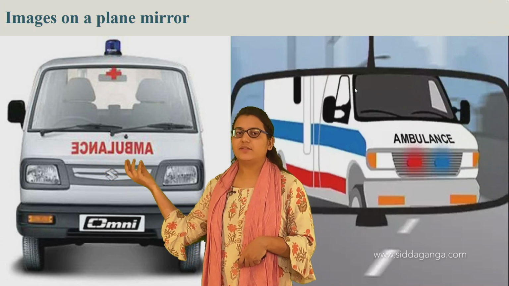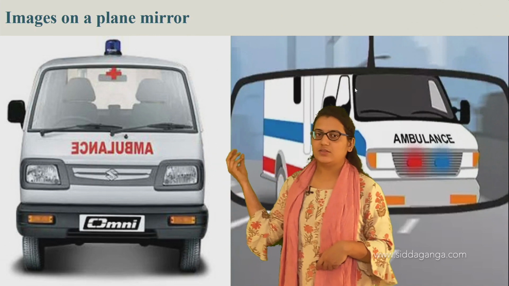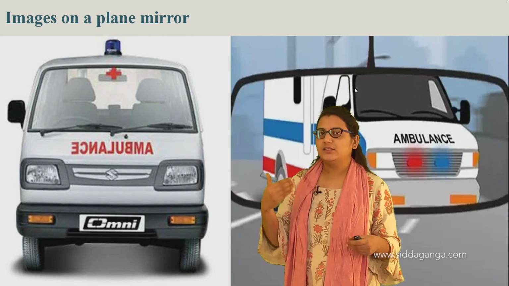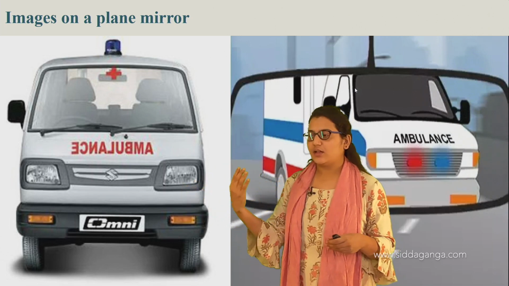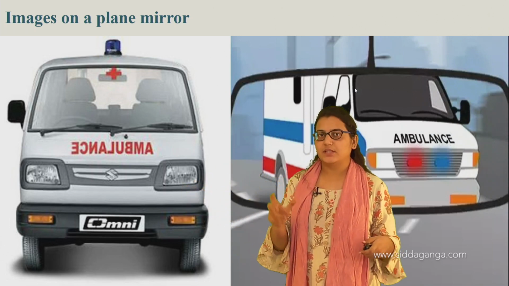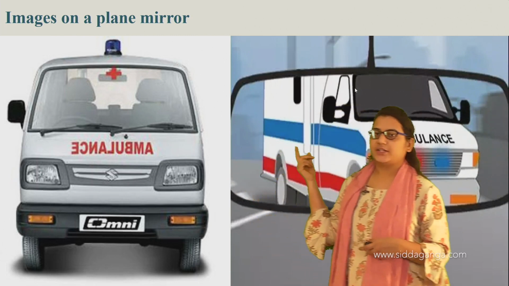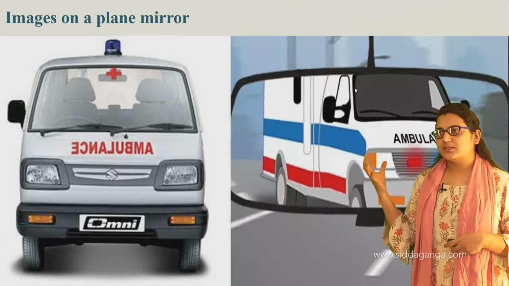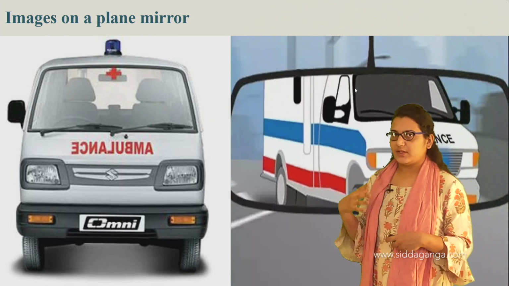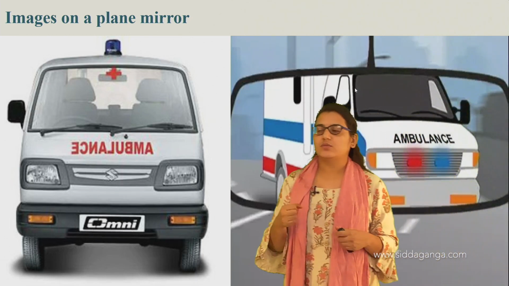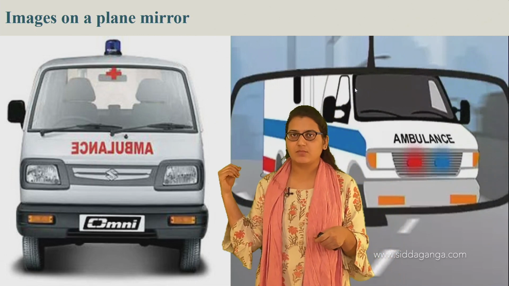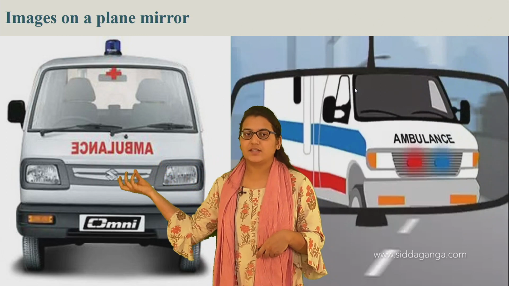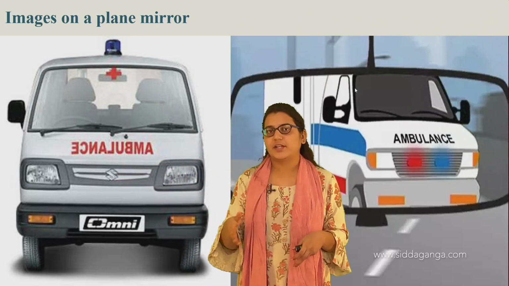When we are using a vehicle, going around, and this ambulance appears in our scooty's or bike's mirror, it appears straight like this. This is because an ambulance means there is an emergency, and soon after seeing it in the mirror, we should understand from these letters that it is an ambulance, and we need to give way to it.